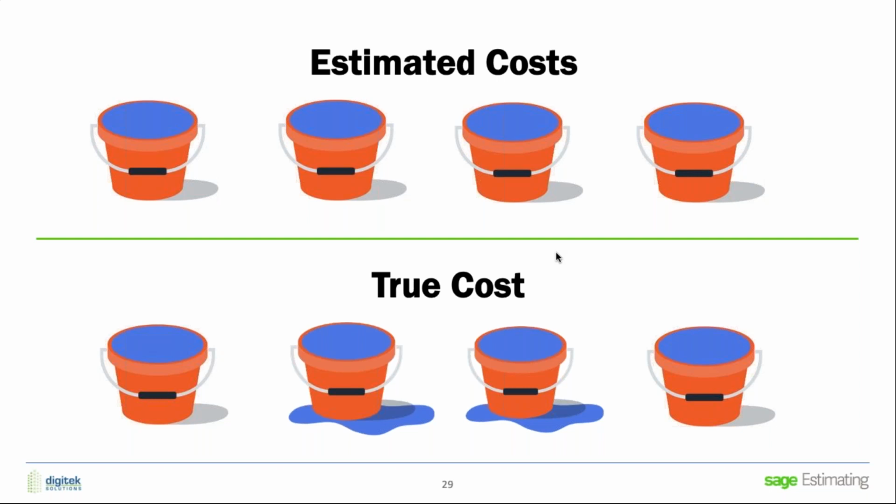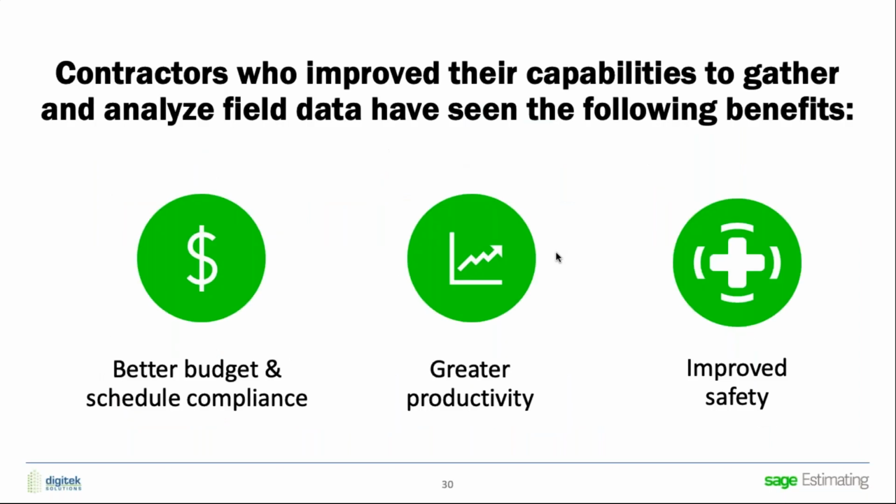And what's happened is these contractors who've improved these capabilities have a better way to analyze their field data. And the benefits they get from that, of course, are better budget and schedule compliance. That's a given, right? They get an increase in productivity because they see where they're losing money and they can identify that. What I mean by that is, if I were to go to any job site anytime, and I want to find out the issues on the job, I go to the heart of where the issues begin.